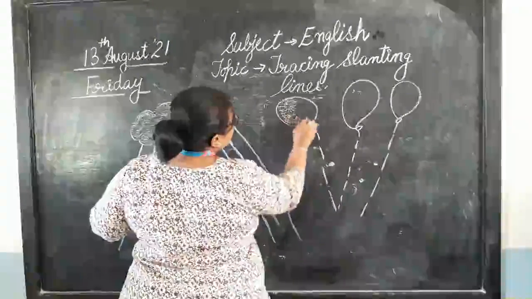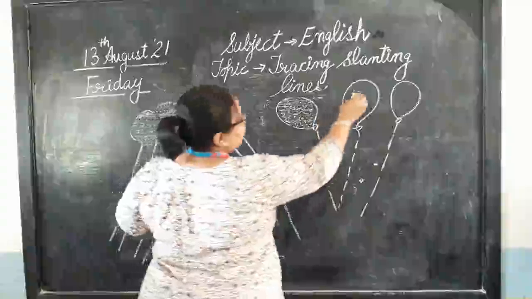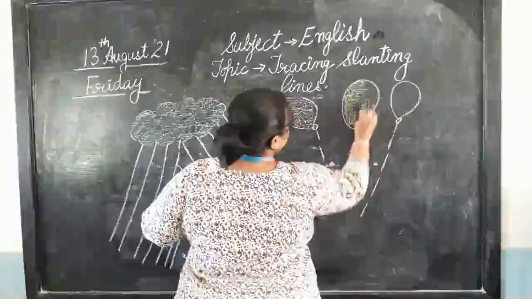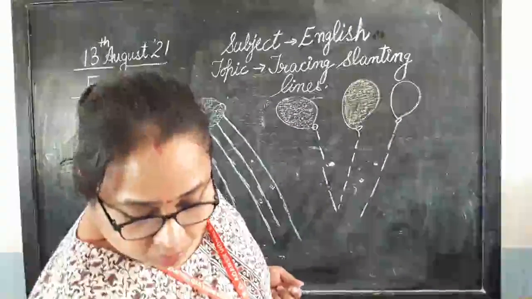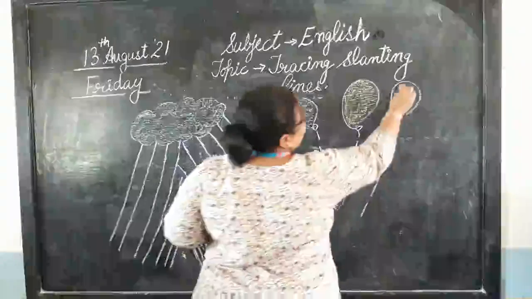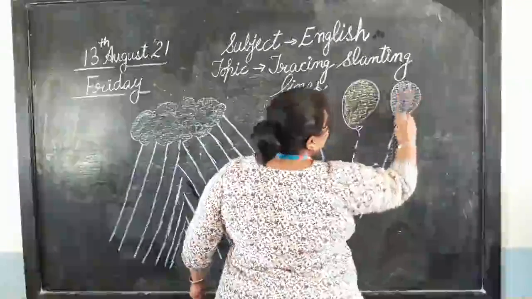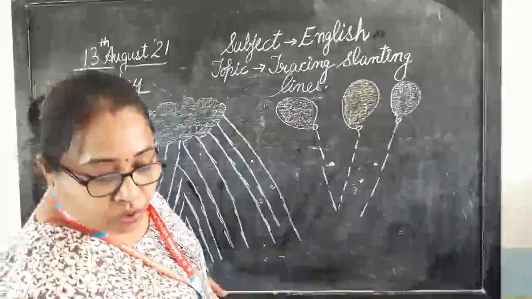So this is green color. I'm coloring it. Then I have yellow. With yellow I'm coloring this yellow balloon. And one more color. Okay, let me use purple for this balloon. Now all the balloons are colored. So we have colorful balloons. Now what we are going to do?